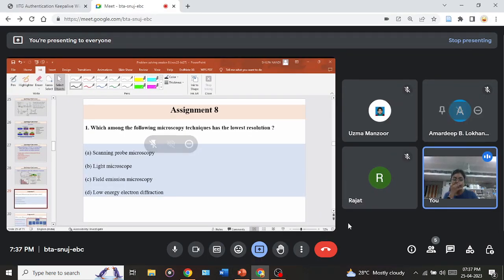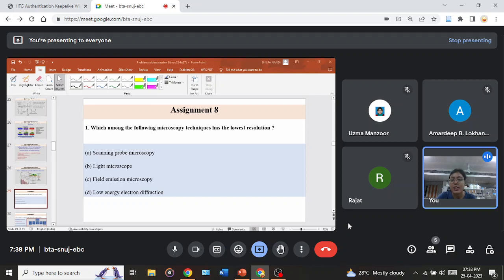So in today's session, as I said, we will be solving questions that are related to assignment 8. They are not exactly the questions which are available right now in your portal, but we can go through similar questions. So the first question is, which among the following microscopy techniques has the lowest resolution?